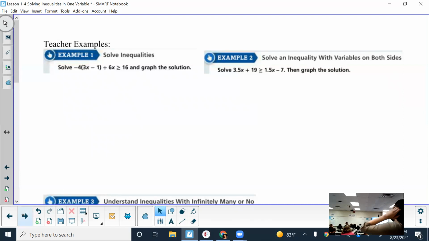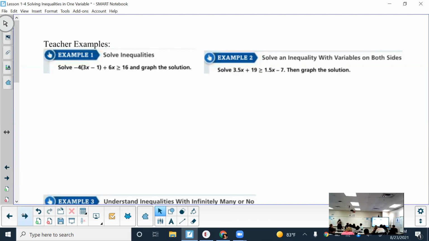All right, so like I mentioned before in the success criteria, I kind of try to hide some important information in the success criteria to help you with your assessments, right? But you basically are solving inequalities just like you do normal equations. You just treat that inequality symbol like an equal sign. You just rewrite it all the way through.